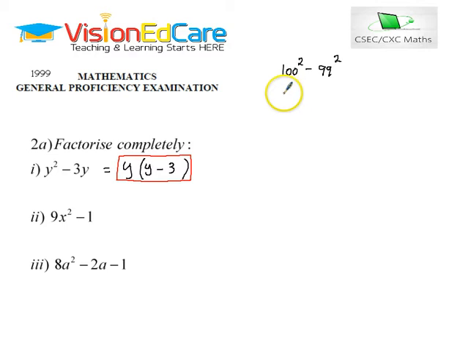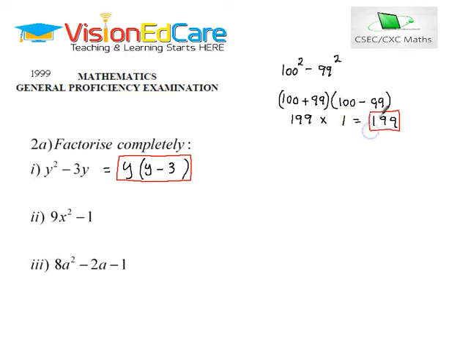If you apply the difference between two squares, you could do it in your head. We have 100 plus 99 in brackets, and then 100 minus 99. So our answer is 100 plus 99, which is 199, times 1. So the answer is 199. That's the difference between two squares.